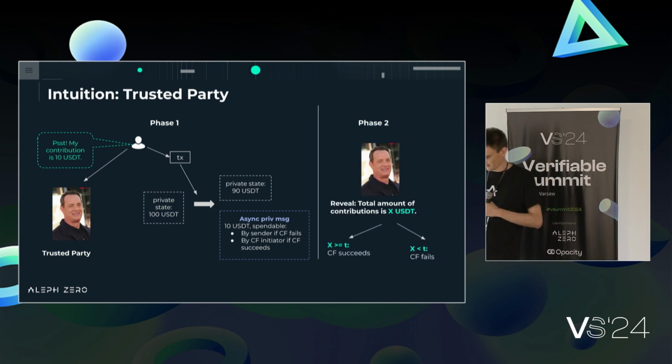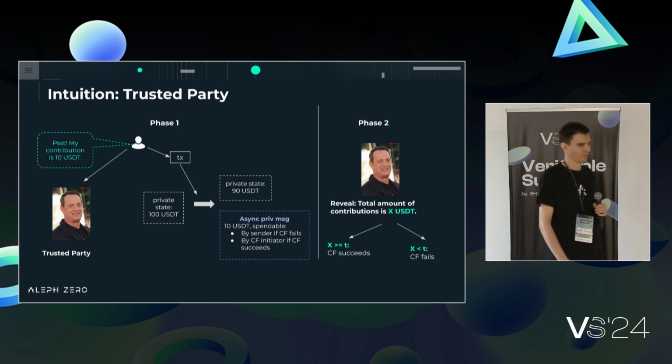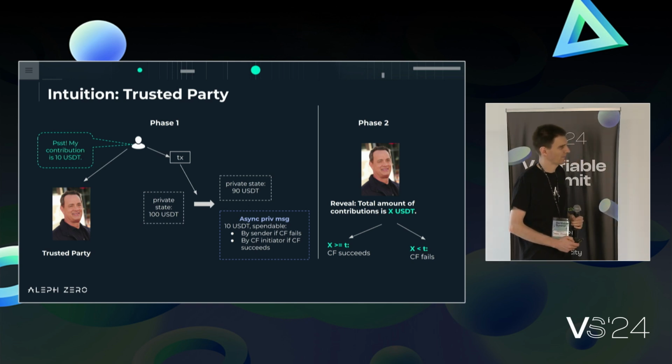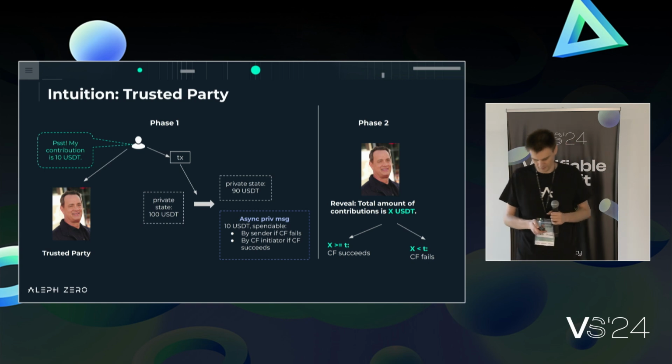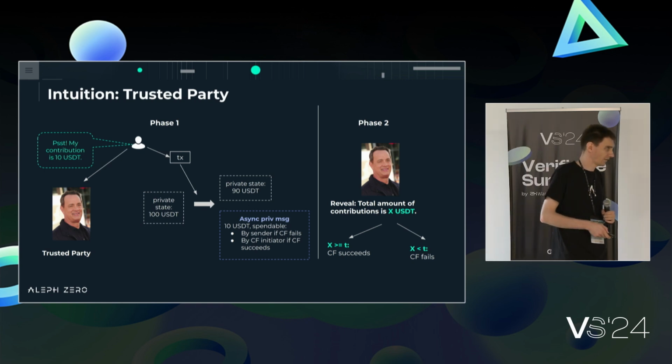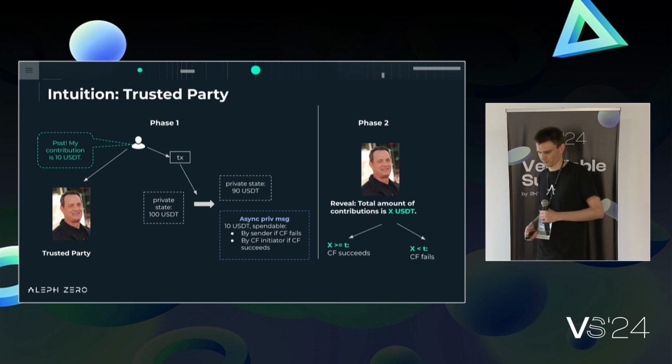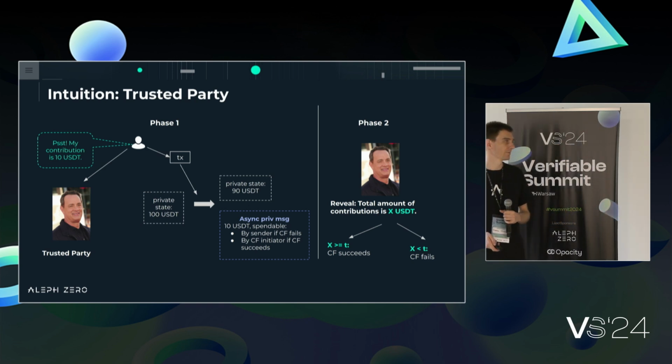In the second phase, the trusted party will aggregate all the contributions and just reveal what the total amount was. Then, if the total amount was big enough, the crowdfunding succeeds and the initiator will be able to claim all these funds, and if it fails, everything goes back to the original contributors.